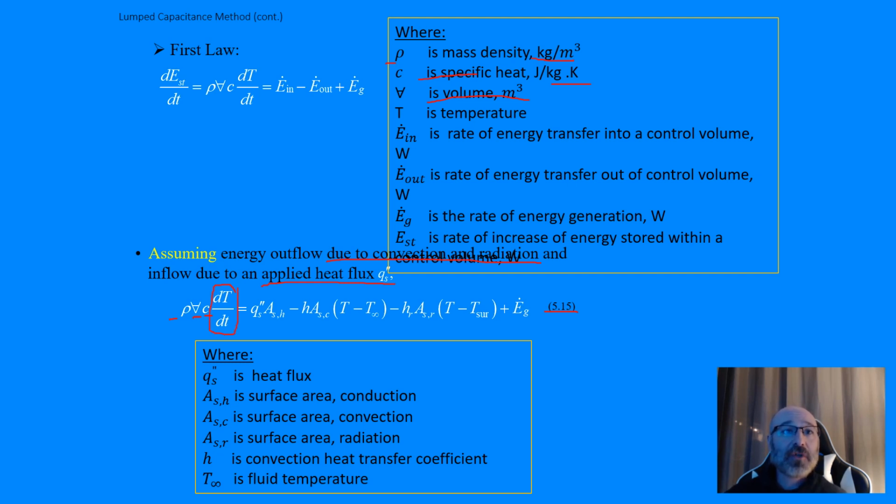Now this is equal to our heat flux right there, times A sub S comma H, which is the surface area due to conduction, minus A sub S comma C, which is our surface area due to convection, times our temperature difference of T minus T infinity, where T infinity is our surrounding fluid temperature, minus H sub R, which is going to be the convection due to radiation, times A sub S R, which is our surface area due to radiation as well, times our temperature difference between our temperature and our surface temperature, plus E dot sub G, which again is our rate of energy generation in watts.